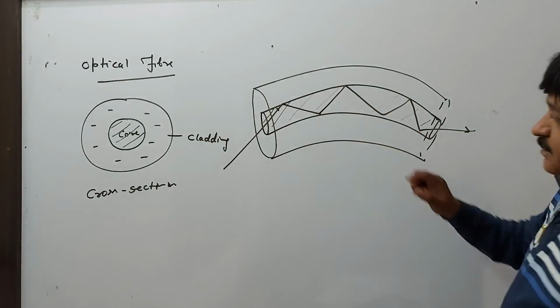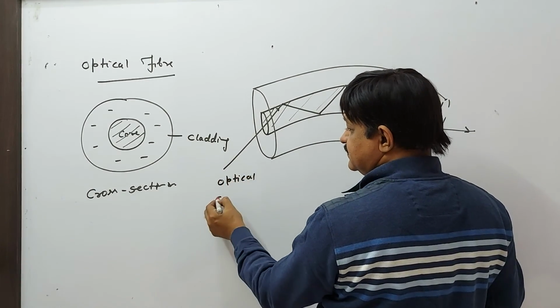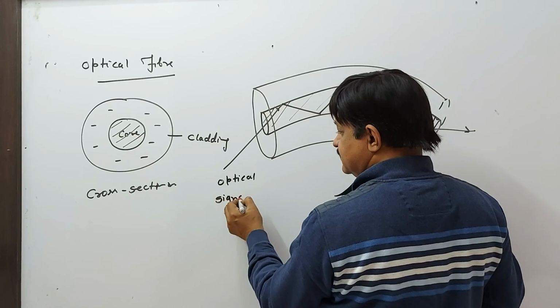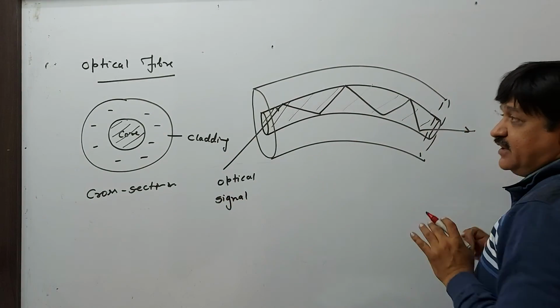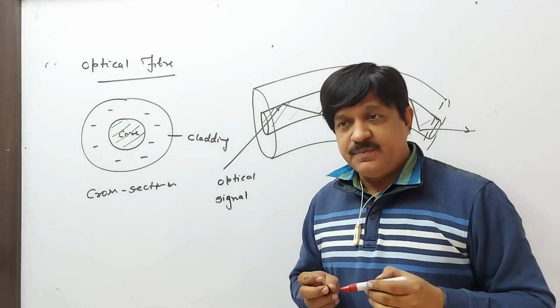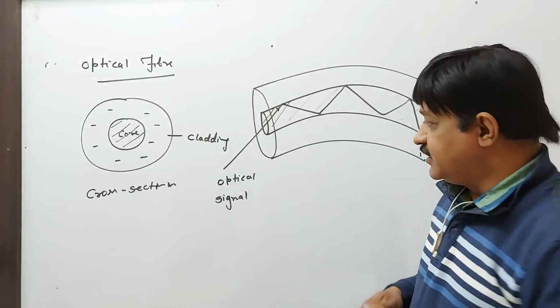So the optical signals can be easily propagated this way without any loss of energy. Optical fiber communication is considered to be one of the best communication methods.